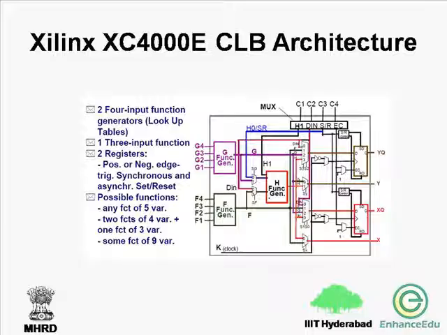So you can implement a logic function with 8 plus 1, 9 variables. These 4 variables plus these 4 variables plus 1 additional variable over here, which means you can implement a logic function with 9 variables using this CLB.